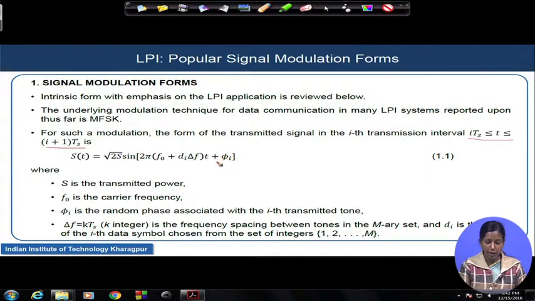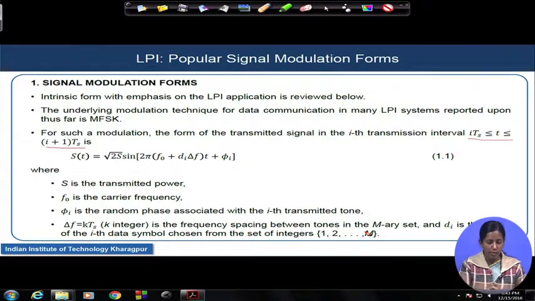Phi i is the random phase associated with the ith transmission, and del f is equal to k into Ts, where k is an integer. It is the frequency spacing between the tones of this M-ary set of frequencies, from where you are randomly picking the frequency to transmit your signal.